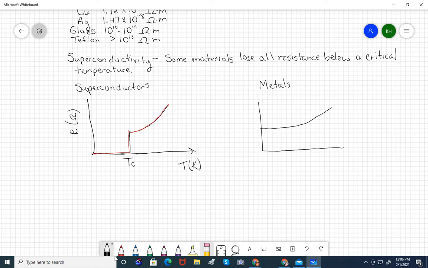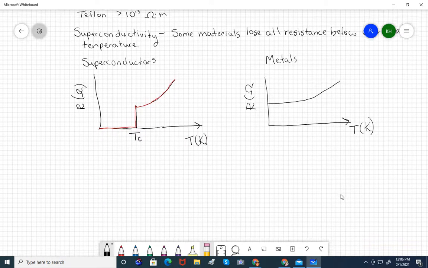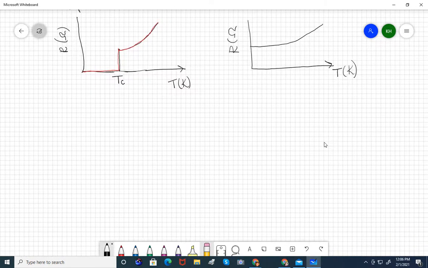They gradually start to go up. But that's very different from a superconducting material where all of a sudden, if it's cool enough, it doesn't have any resistance. There's also another classification of materials called semiconductors.